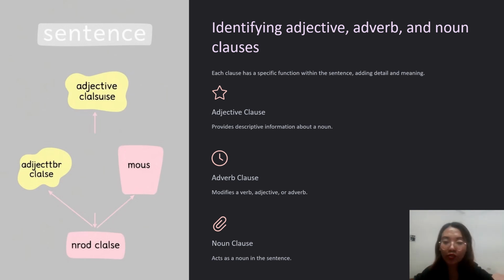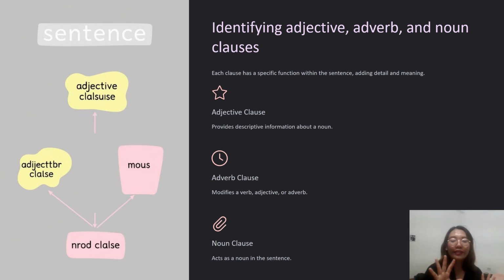The next one is the noun clause. A noun clause acts as a noun in the sentence. It can be a subject, object or complement. So how to identify a noun clause? It starts with words like that, what, who, whom, whether, whoever, whichever, if.